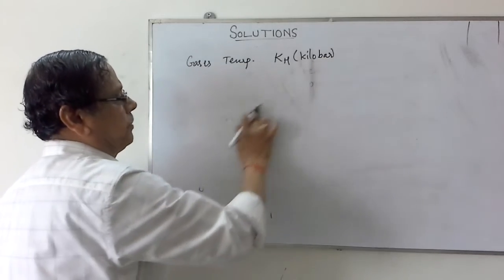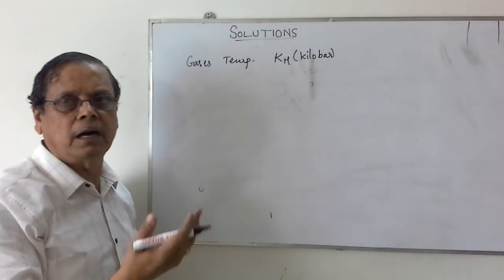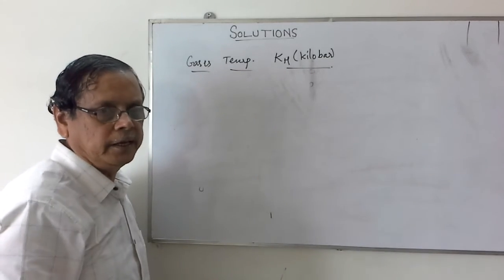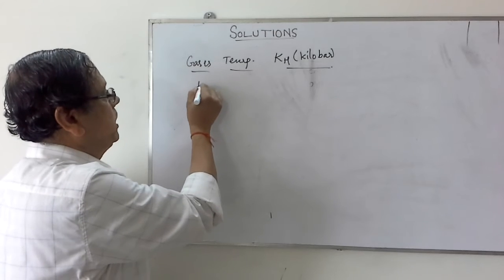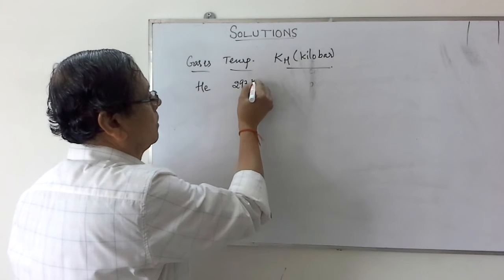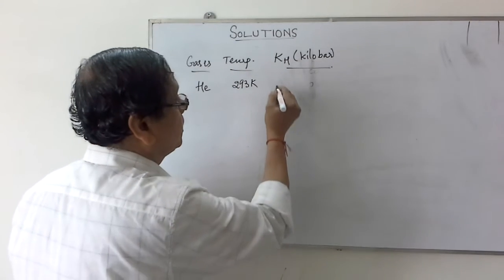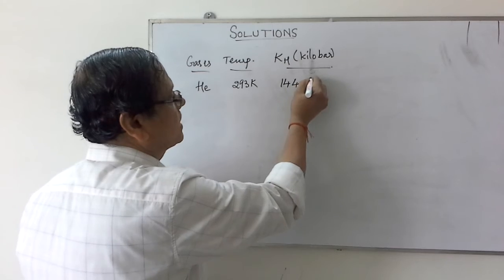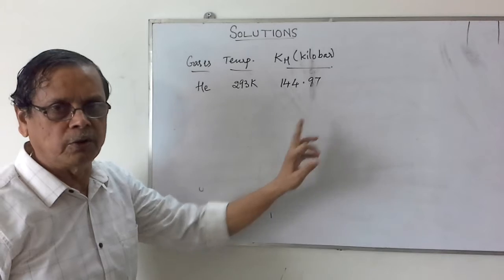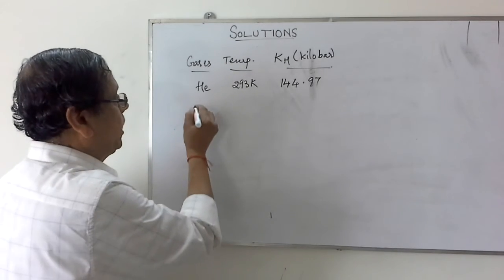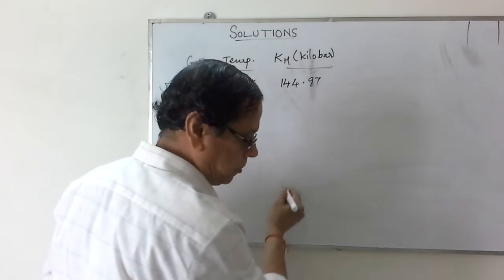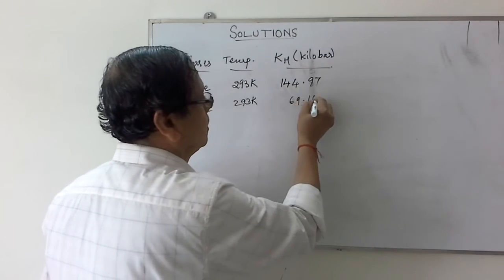Either we can express the pressure in atmospheres or bar or various other units. So here they have considered kilobar as the unit for the KH value. Suppose you take helium gas at 293 Kelvin. Its KH value is 144.97. Since it has the highest KH value, it is the least soluble gas. For hydrogen at the same temperature 293 Kelvin, the value is found to be just 69.16.